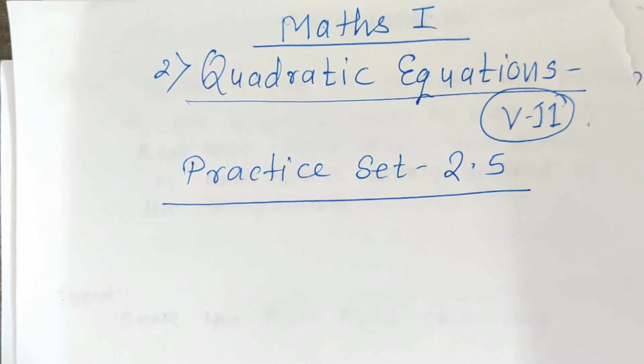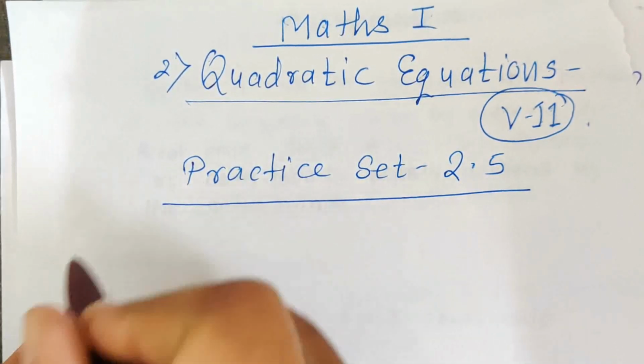Question number 4 is, form the quadratic equation from the roots given below. So I will take one example. Suppose example number 2, that is, one root is given as 3 and the second one is given as minus 10.